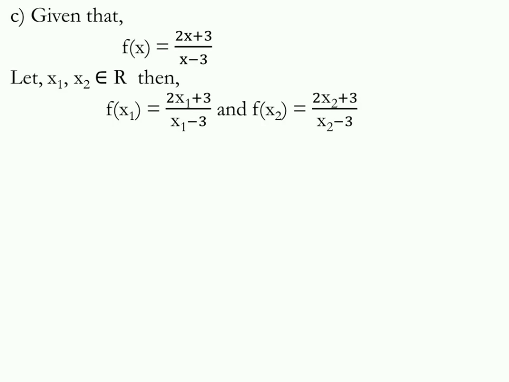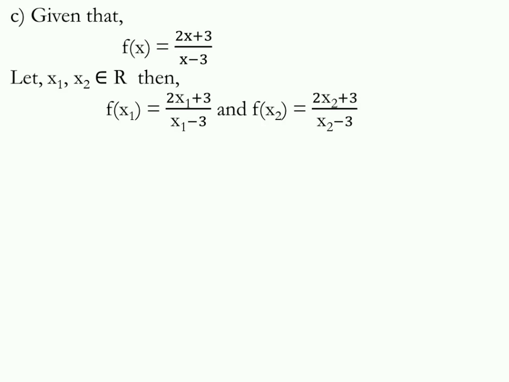Now at first we have to set f(x1) equal to f(x2), because from the definition of a one-one function, if we take two different elements and find the same functional value, then it is one-one. If we take different values, we find different functional values, it is a one-one function.